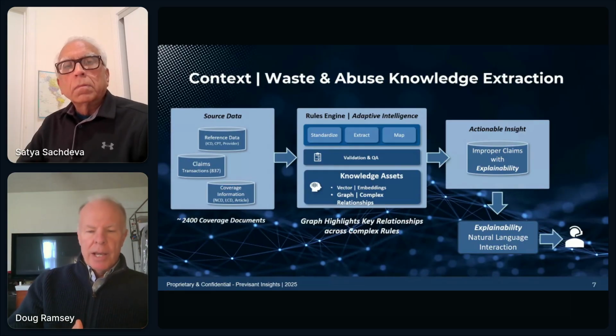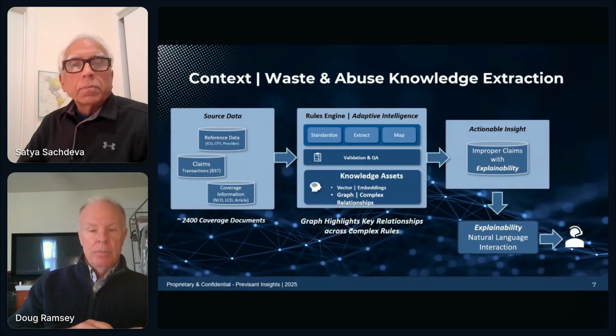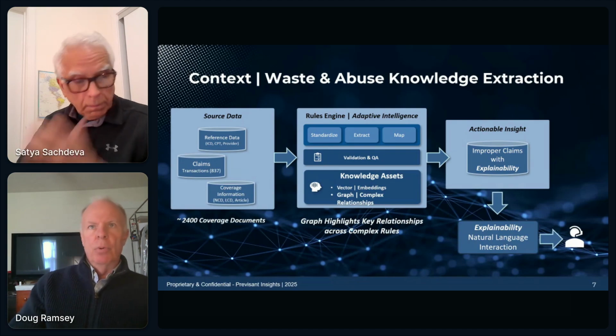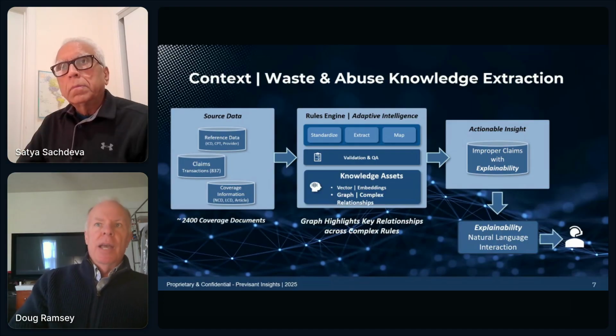Ultimately, the way we make this actionable is, as we talked about, we have knowledge assets, including a vector database and graph database, that gives us the ability to, at scale, understand what are the improper payments, what are the flagged claims that need to be followed up on with explainability. And I think there's a call out here too for the graph database enabling. It's not good enough to say, hey, this was wrong.